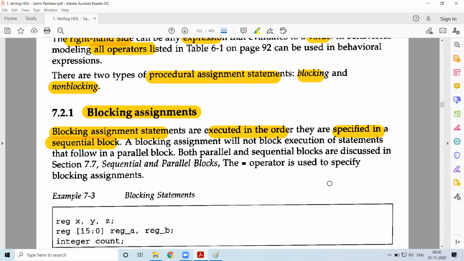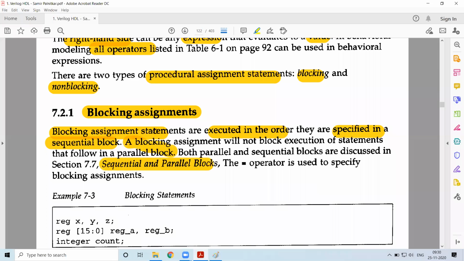What happens here we will be discussing later, because we have another topic wherein we discuss what is meant by sequential blocks and what is meant by parallel blocks. When we come to that, we will have a discussion regarding this. At present, we will not bother much about it. So in blocking assignment, the execution happens in a sequential form.